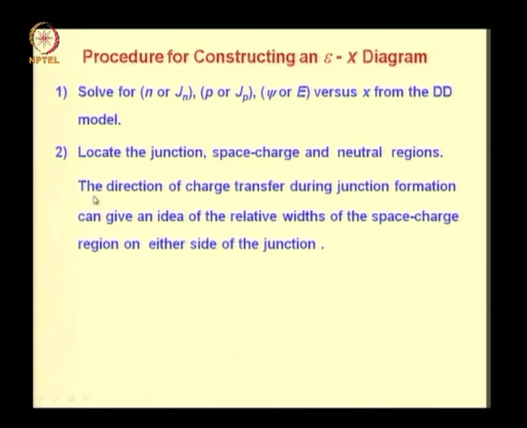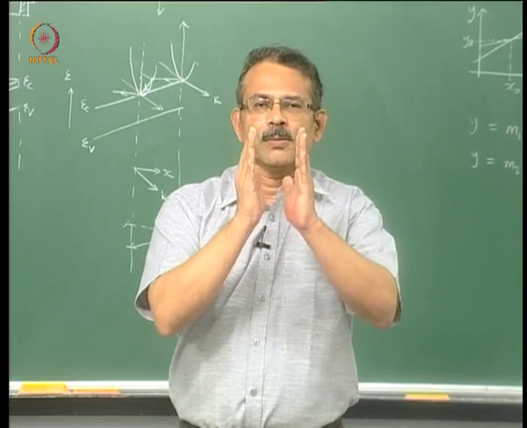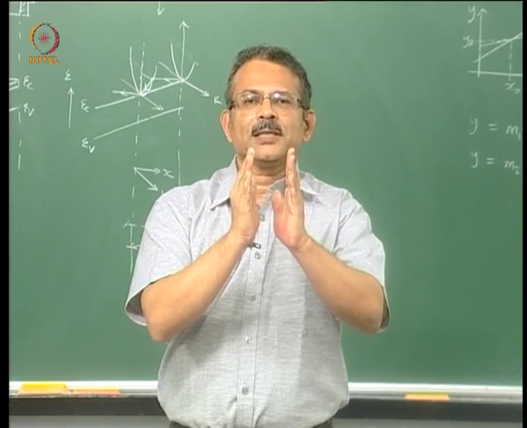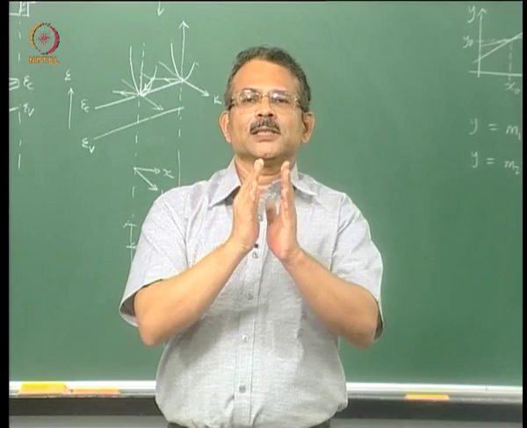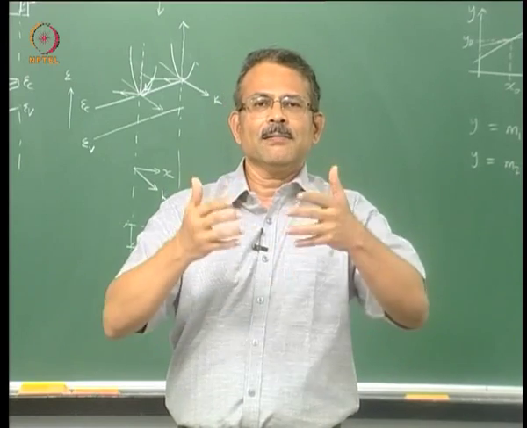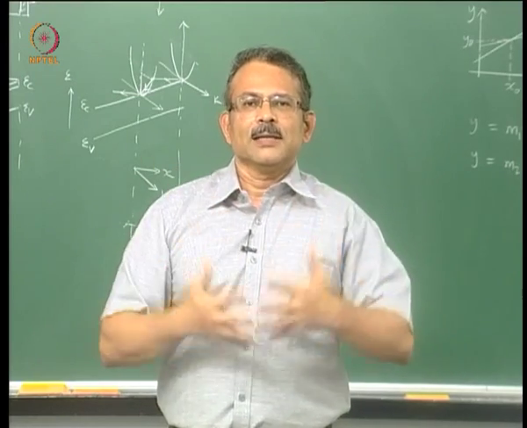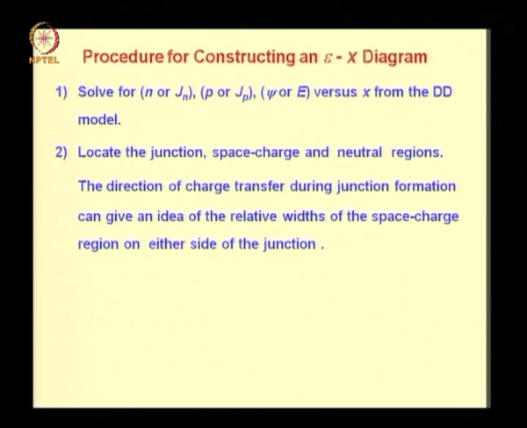An important point: the direction of the charge transfer during the junction formation can give an idea of the relative widths of the space charge region on either side of the junction. So when you are drawing the energy band diagram, E as a function of x, you would like to know the width of the space charge region on either side of the junction, at least the relative values, or relative qualitatively the relative magnitudes. So this information is obtained from the direction of charge transfer.